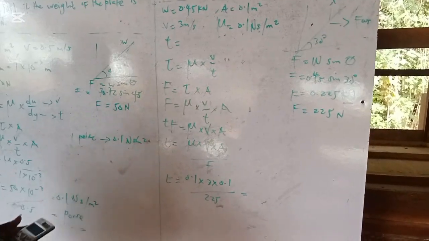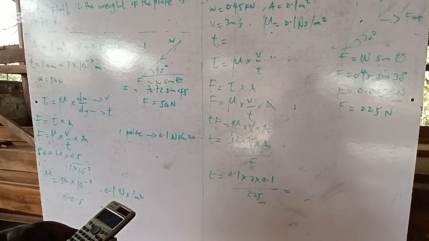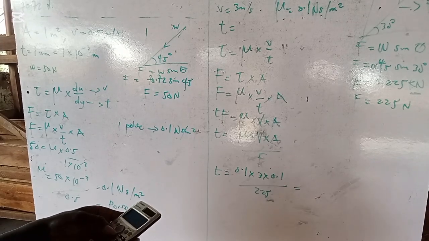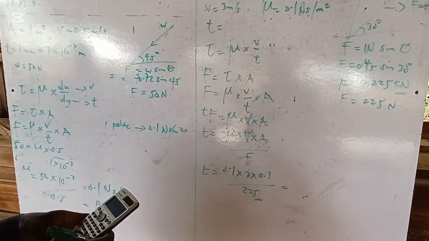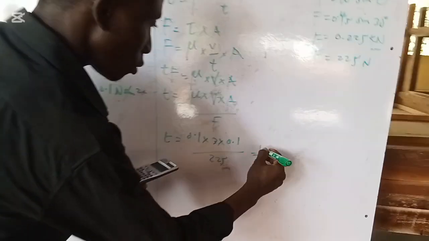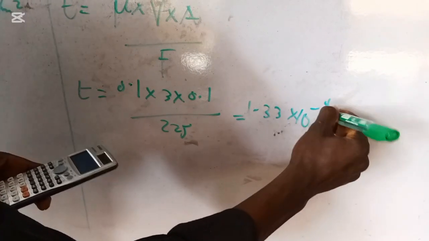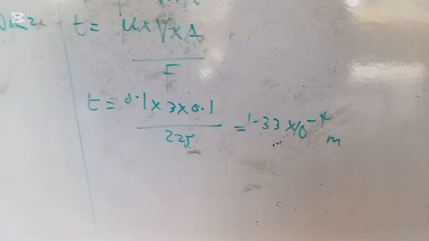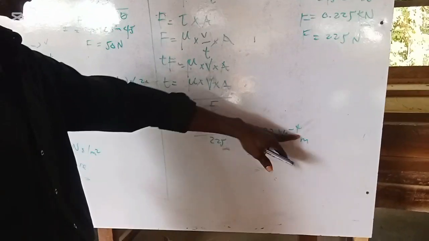Let's see what we got here. We have 1.33 times 10 raised to the power minus 4, which should be in meter. Yes, so we've gotten an answer of 1.33 times 10 raised to the power minus 4 meter.